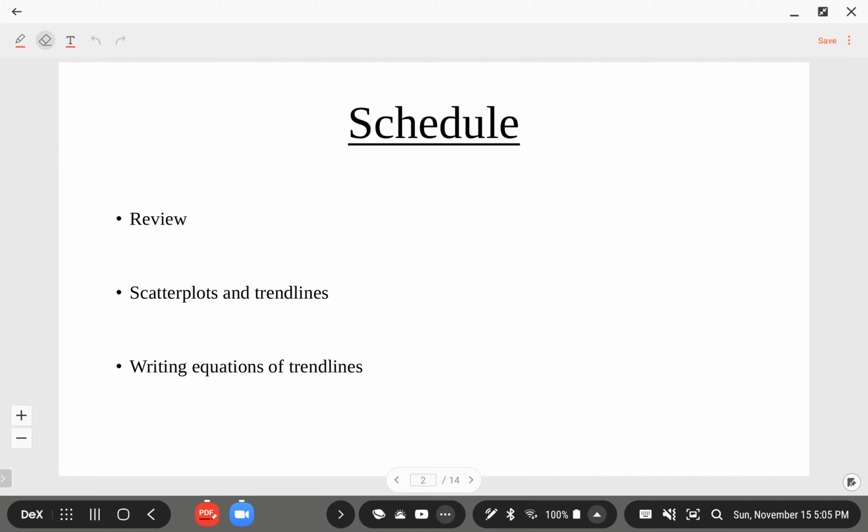So our schedule, of course, we're starting with a review. Next, we're going to scatter plots and trend lines, and then writing equations of trend lines. In this third section, writing equations of trend lines, I did a math session a couple classes ago about the different ways of graphing linear equations like slope-intercept form, point slope form, and standard form, and you will have to know them when you are writing equations of trend lines.